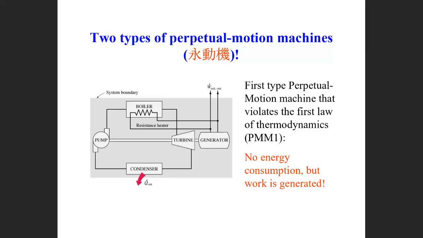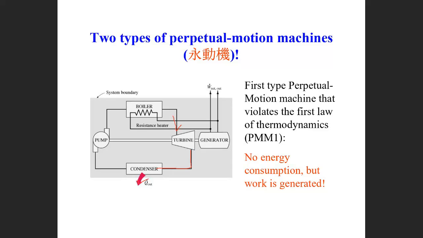They think we still use the combustion of fossil fuels, no, not biofuel. They think there is a boiler with an electric heater. So we heat the boiler, then the steam enters the turbine to generate power. After that, we reject some heat to the environment.